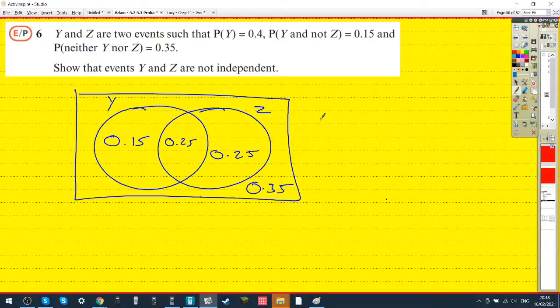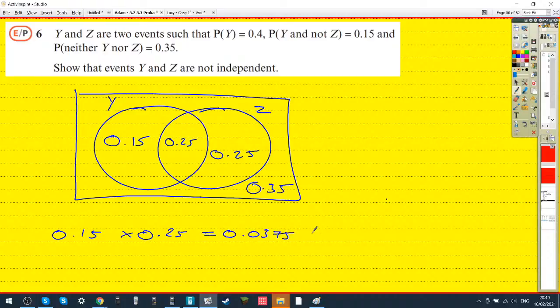And then now would you do 0.15 times 0.25? Which is 0.0375.